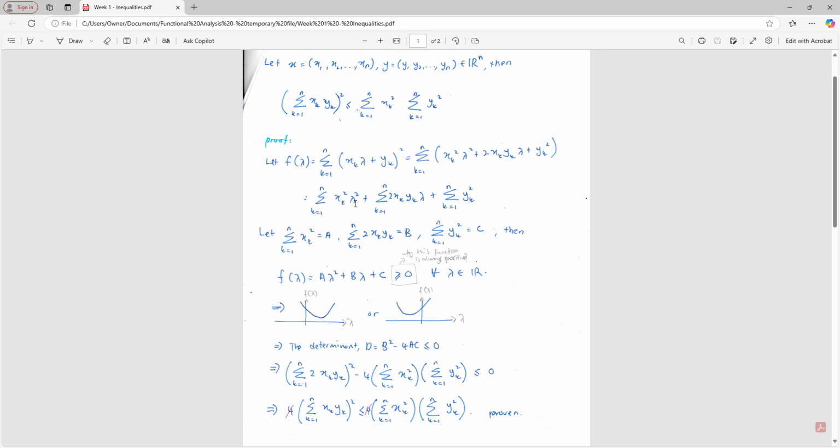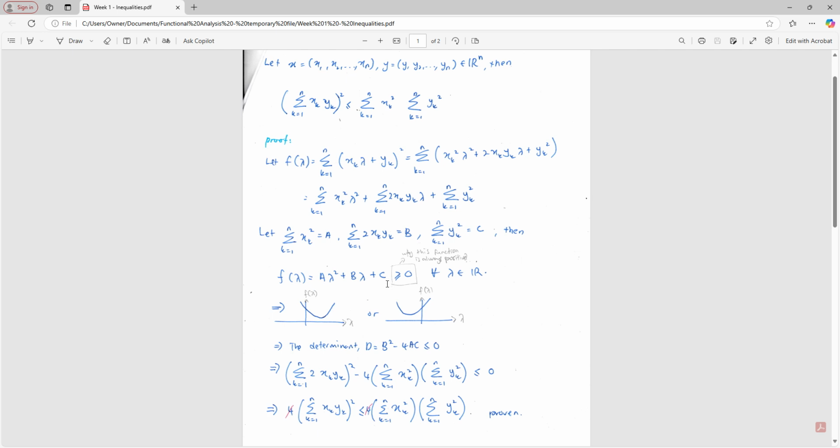Usually you know it as a lambda squared plus b lambda plus c, where c has no lambda. Therefore I'm going to denote each of the coefficients here as a, b, and c. When we replace a, b, c inside this equation, we get f of lambda equal to a lambda squared plus b lambda plus c.